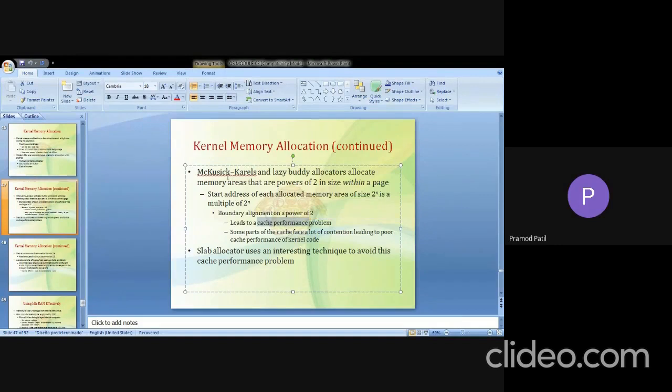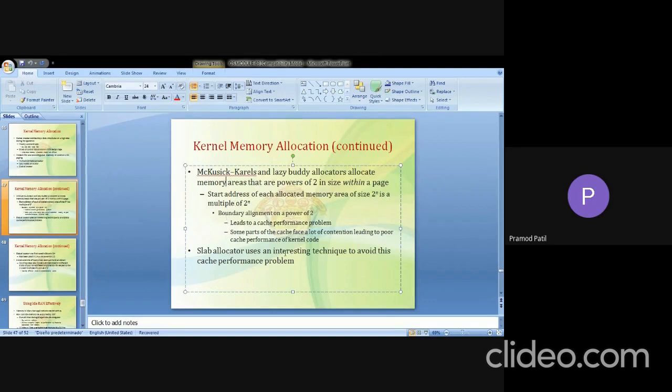In using this method, there will be problems in accessing this cache. Some parts of the cache face a lot of contention, leading to poor cache performance of kernel code. So that's why the McKusick-Karels kernel and lazy buddy allocator have certain limitations.